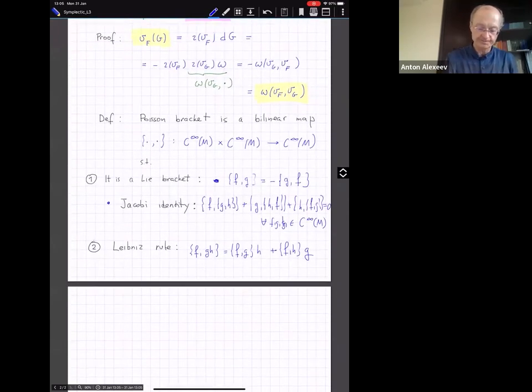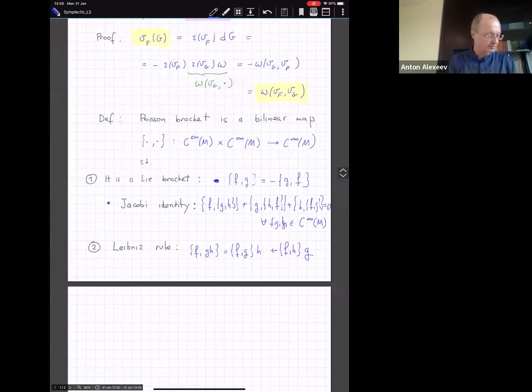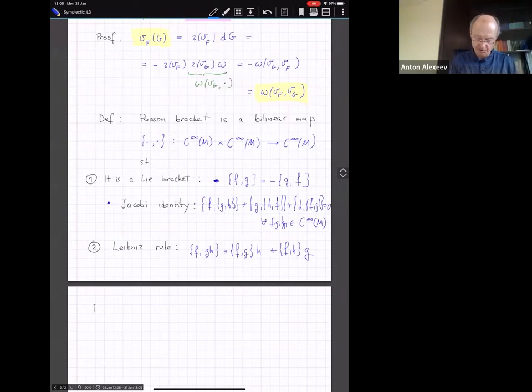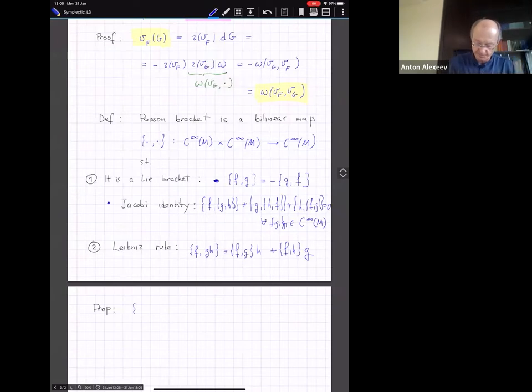Now, claim, or maybe proposition. Let me say again, proposition. We can define the bracket {f,g} by this formula, and it satisfies the axioms stated above.